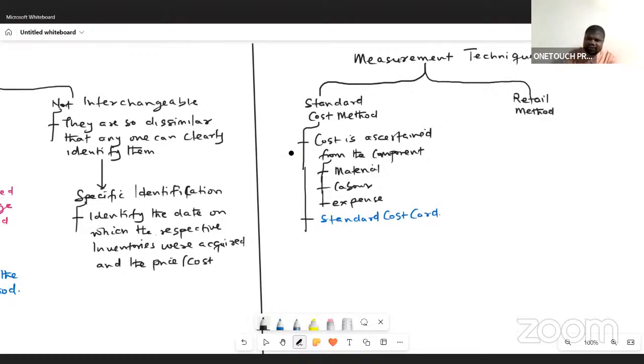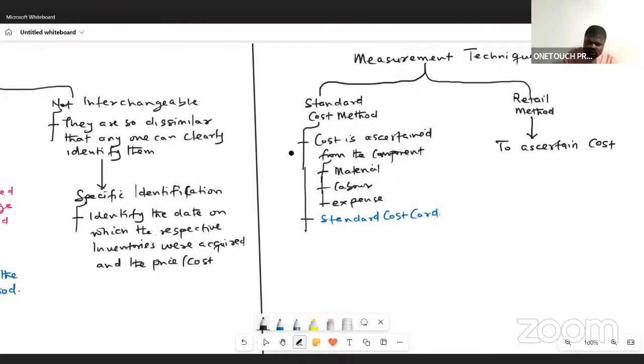Then under the retail method, to get the cost, you just deduct the profit margin from the selling price, then you get the cost. So in other words, when we say measurement technique, it is just a technique for ascertaining cost.